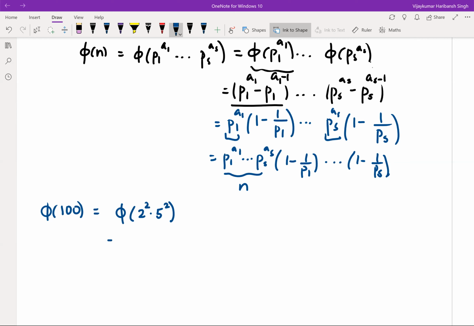Now phi of 100 is going to be 100 times 1 minus half, 1 minus 1/5, following this result here.